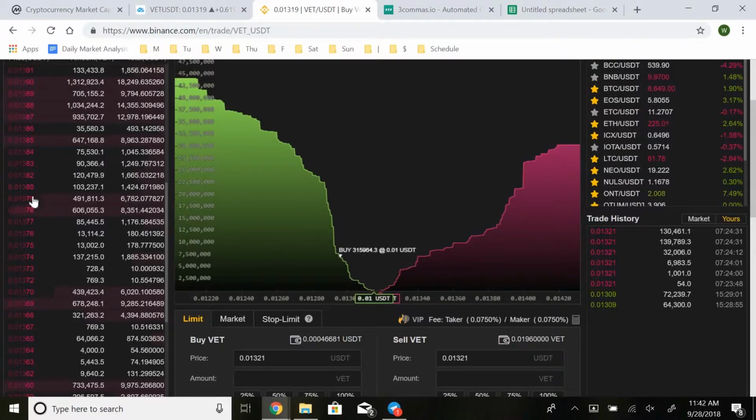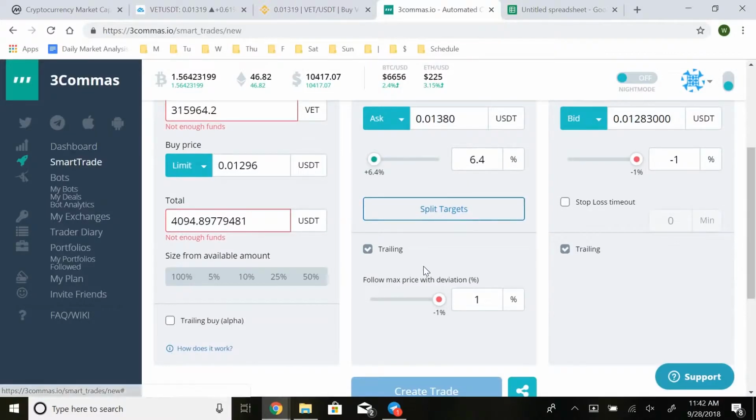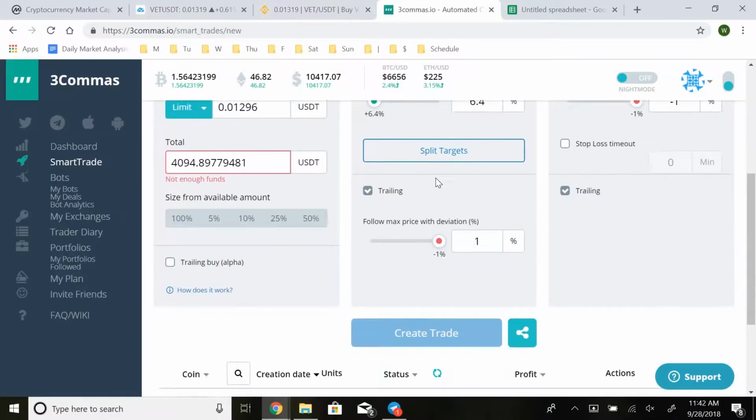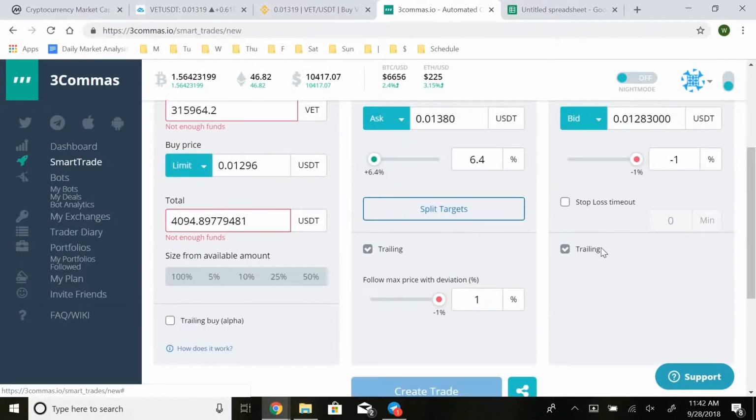And the price hits 1380, but then it keeps rising and it goes up to 1390. Your sell order would actually rise with the price of the asset up to like 1385, whatever the minus 1% would be. And then if the price falls, you actually sell at 1385 instead of 1380 with a trailing set profit. So it's very nice to have this and something that I'm actually excited to use.